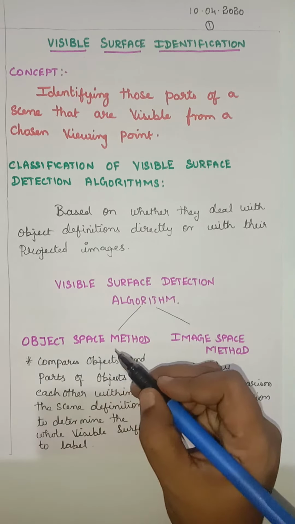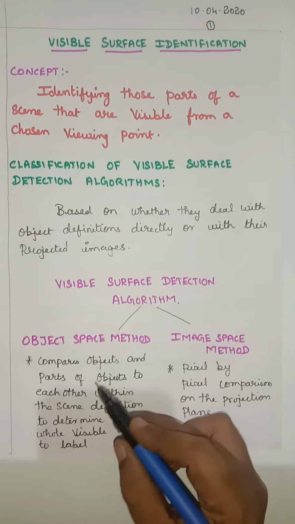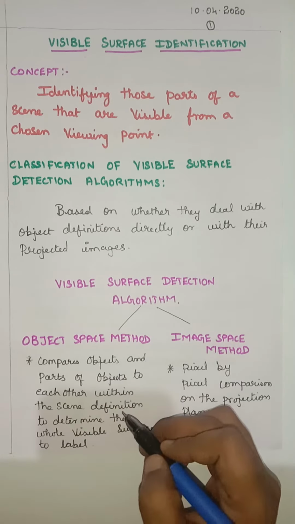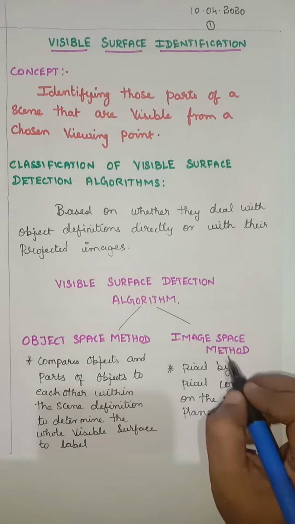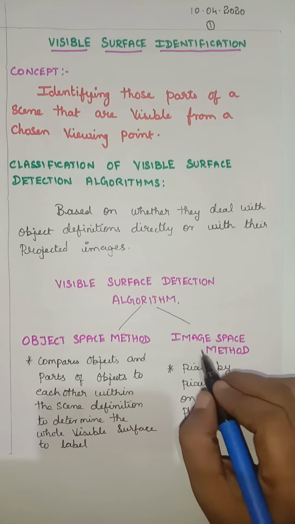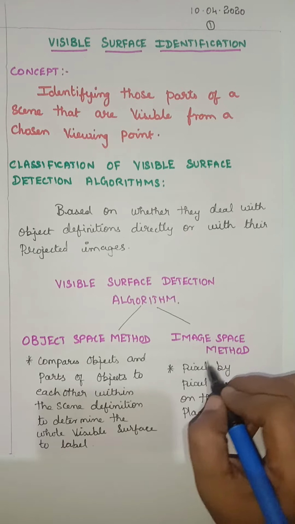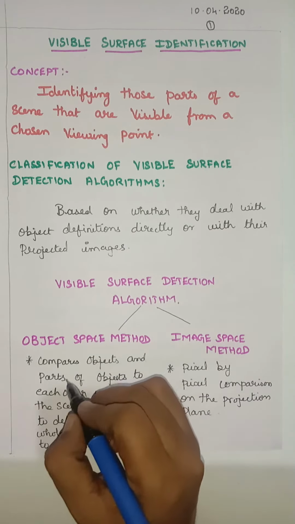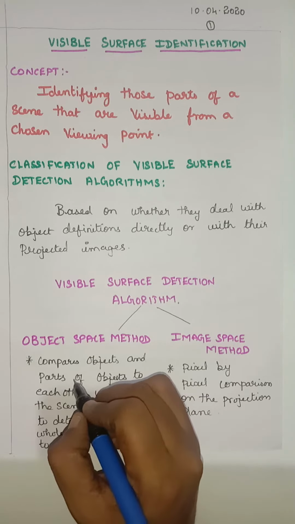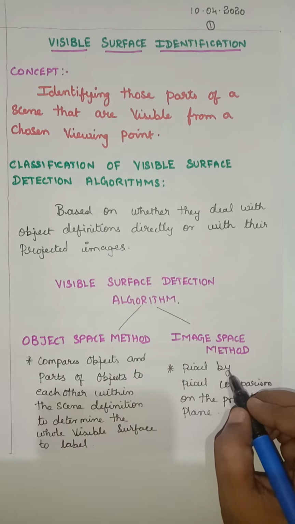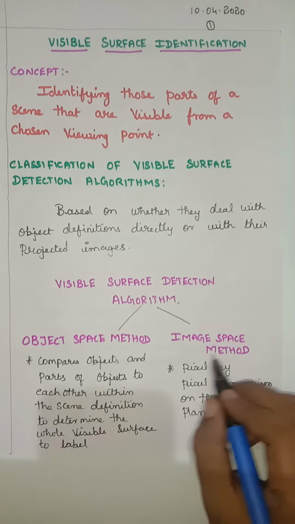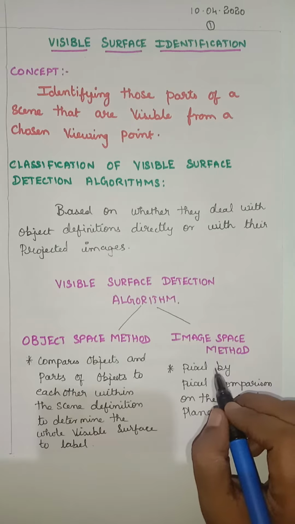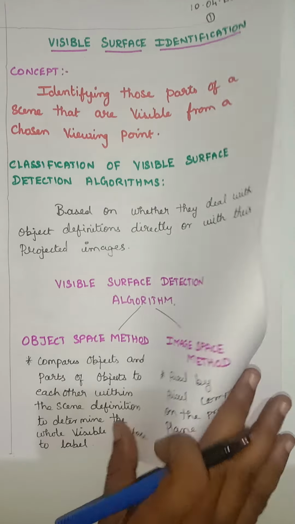In the object space method, object definitions are used to identify the visible surface of the object. In the image space method, the visible surface is identified by using projected images.